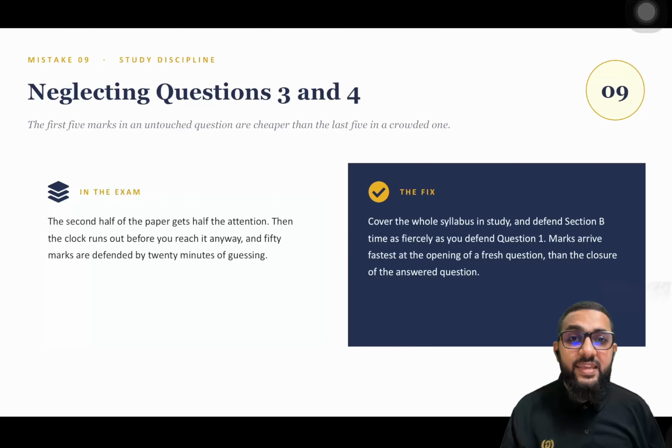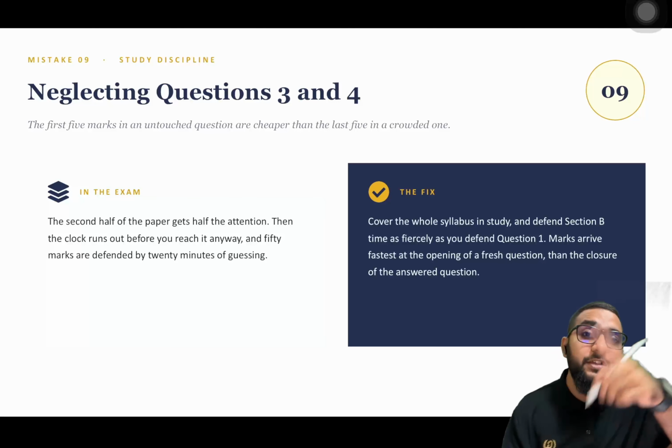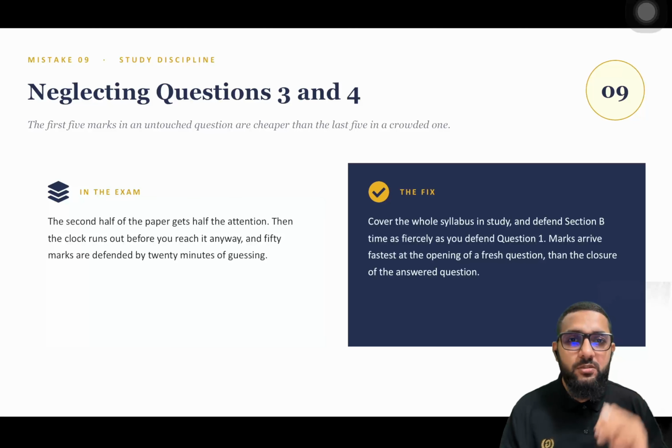No matter what, the last part of your question 1 is not going to get you as many marks as the first part of a new question, maybe question 3. So make sure that you focus on each question appropriately and give them sufficient time. That's what we discussed when we spoke about overspending time on any specific question.